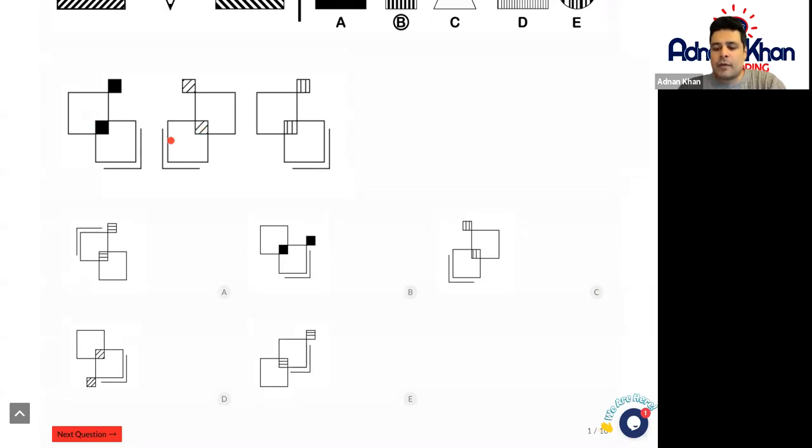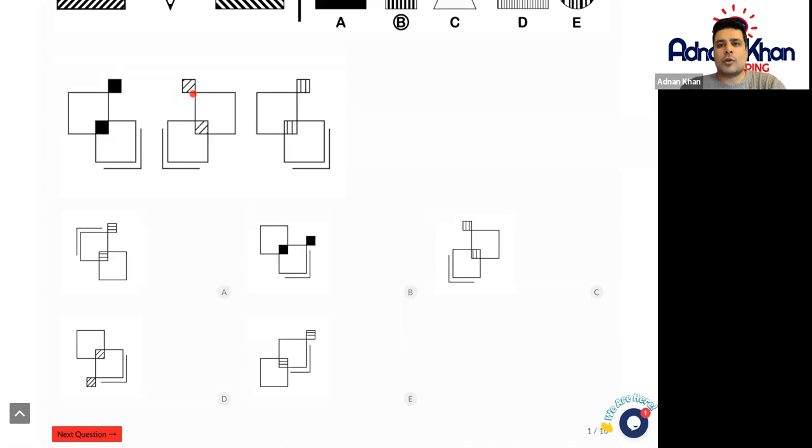The overlap area is shaded in the same way as the small square touching the top corner. So you see this particular square here, which is colored black, that's the overlapping color here, and it's the same shape as well.